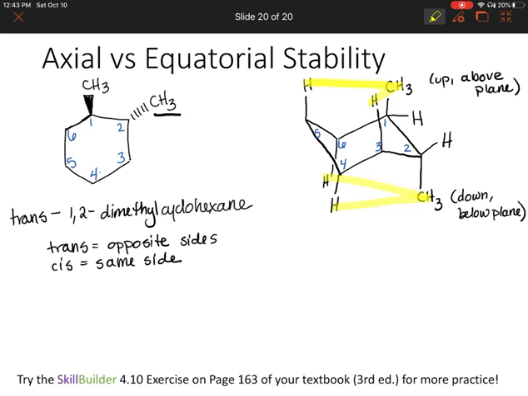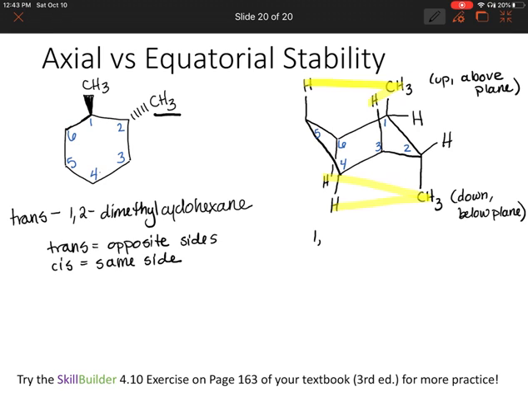Now it doesn't really look like it given our drawing here. It looks like there's a lot of space there, but I'll show you what it looks like on our 3D molecule.